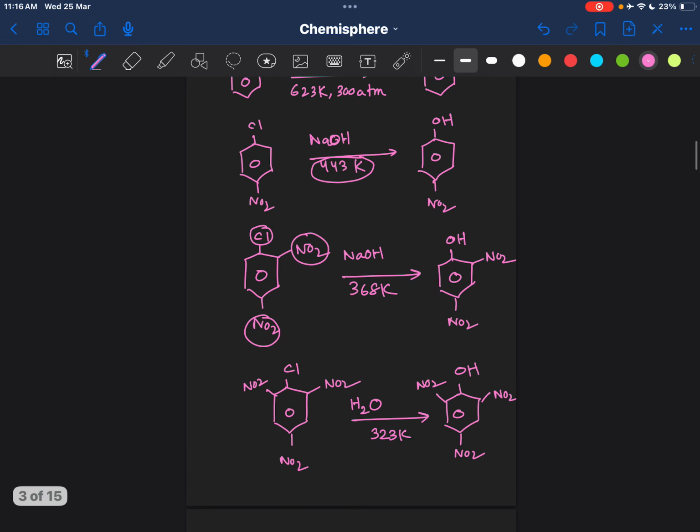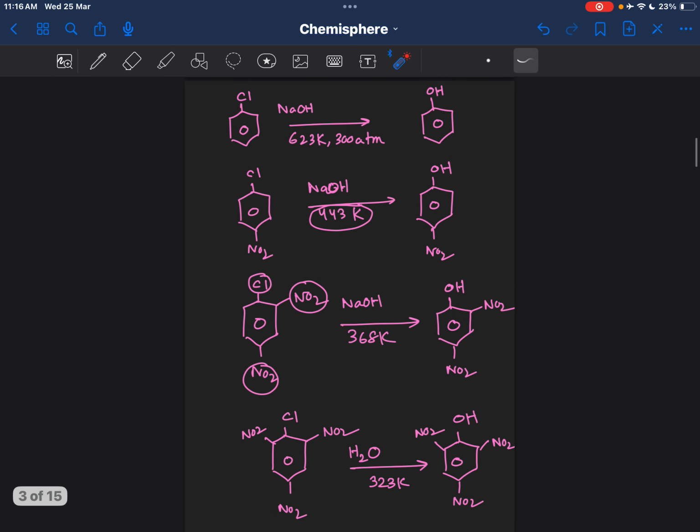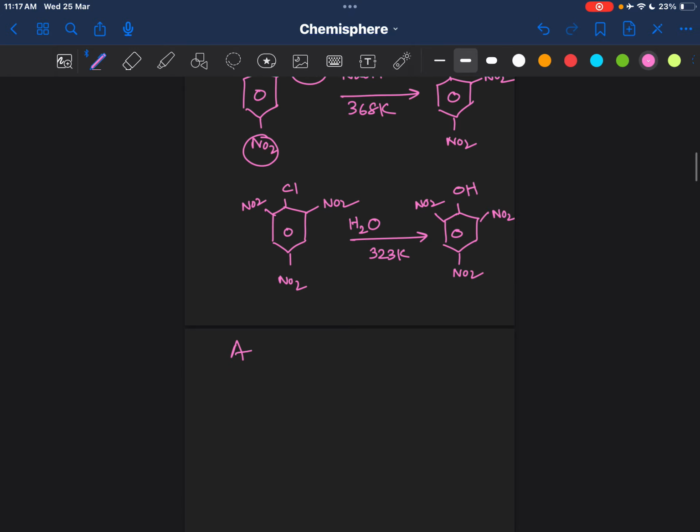So can you see that these are examples of nucleophilic substitution? And because earlier the conditions required were 623 Kelvin and 300 atmosphere, the moment we started adding NO2 in ortho and para positions, can you see the conditions are becoming less drastic, right? So we can say that it activates the ring towards nucleophilic substitution.